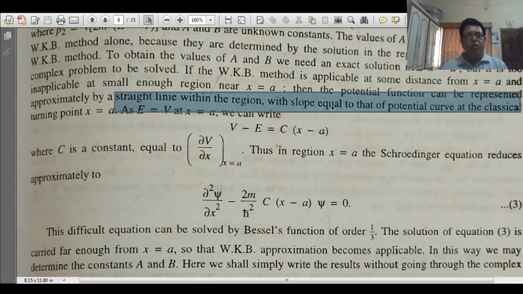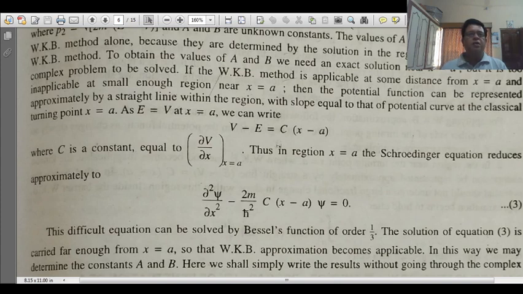This is a very important point to be noted: the potential function can be represented approximately by a straight line within the region, with slope equal to that of the potential curve at the classical turning point x equal to a.